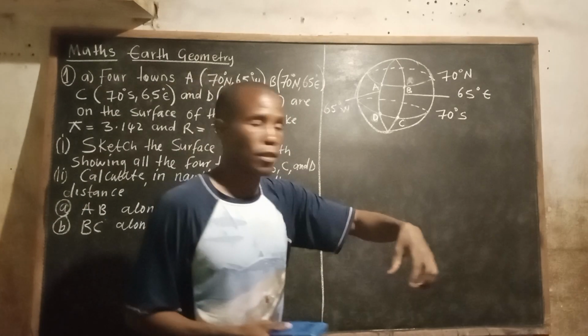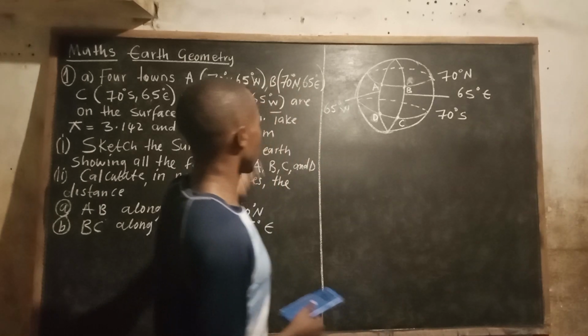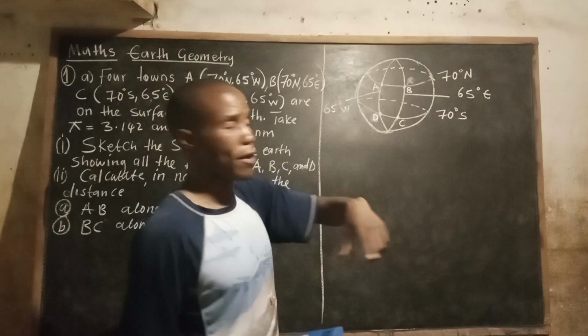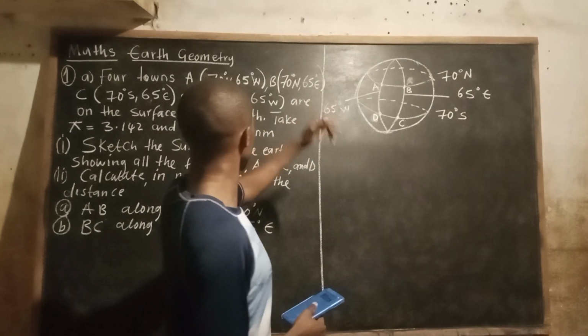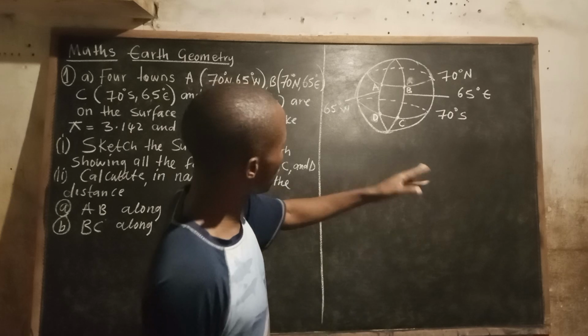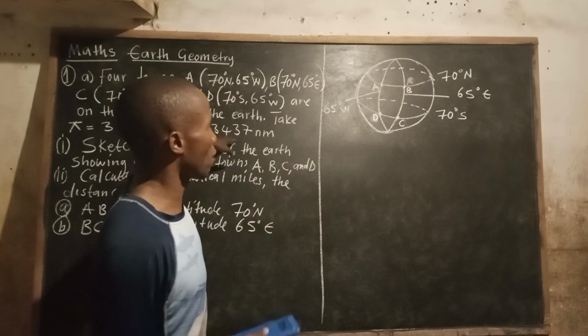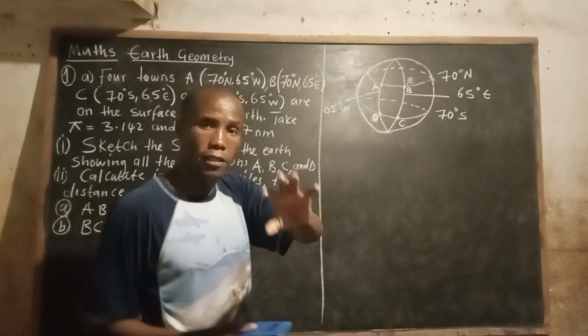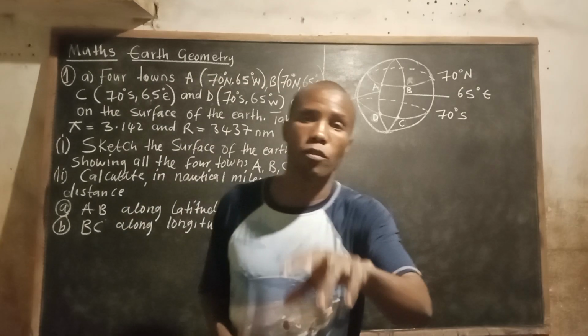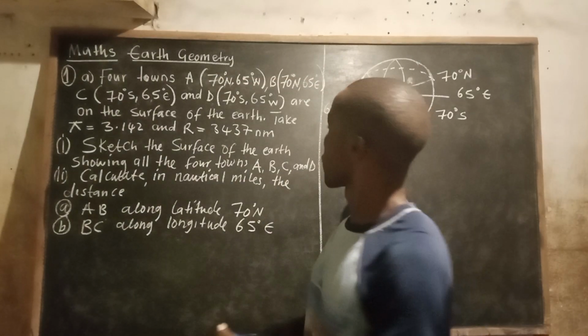In the previous lesson, I taught you how to calculate using the other formula where you say theta over 360 times 2 pi r. Now this time around, since we are in nautical miles, as I did mention, there are 2 methods that you can use.